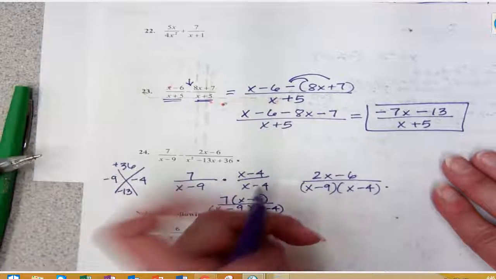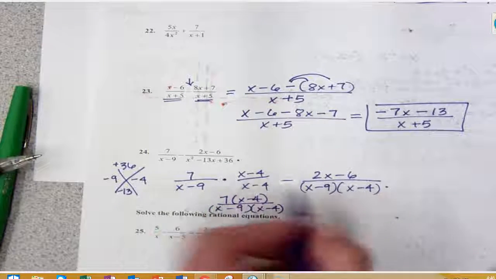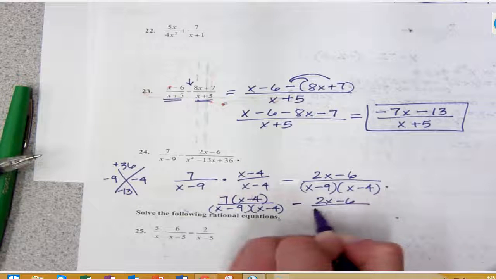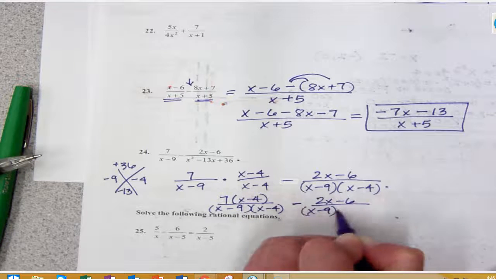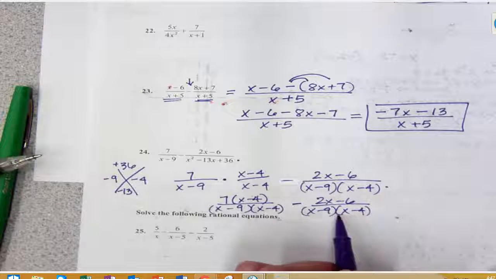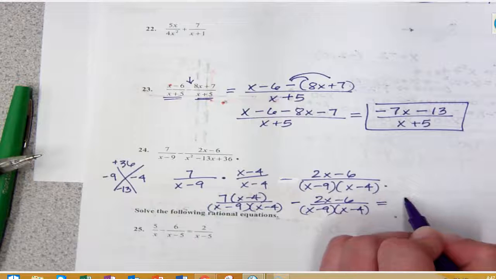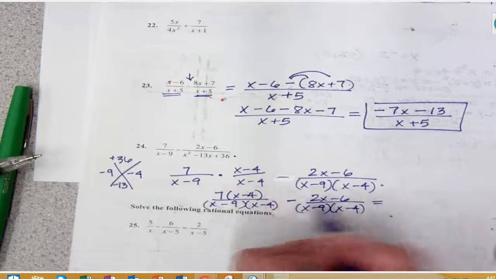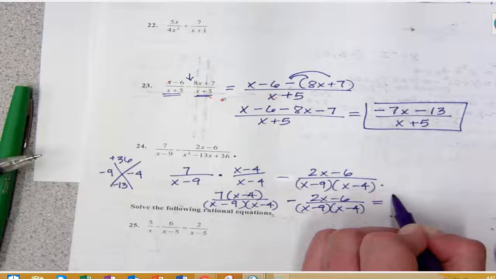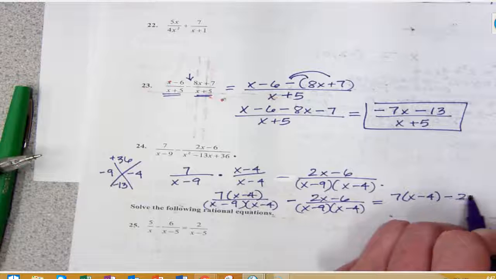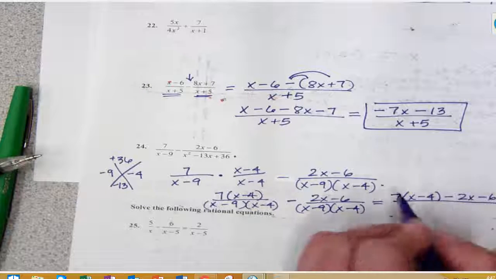I meant to put minus. Minus 2x minus 6 over x minus 9, x minus 4. Now I have a common denominator, so I can just combine them and get 7 times x minus 4 minus 2x minus 6 all over the one denominator.